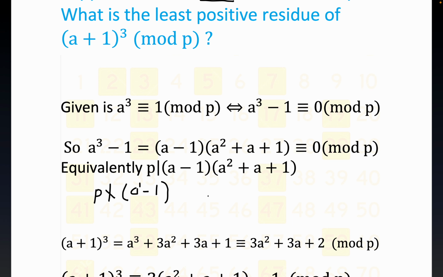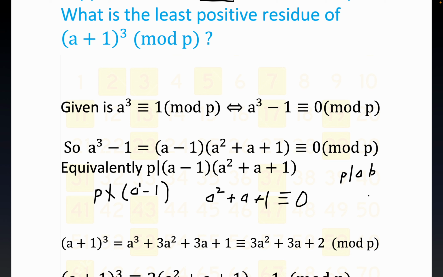but that's the very same thing as saying that a squared plus a plus 1 is congruent to 0, and of course it's mod p. I'll leave that out. It's congruent to 0. And again, folks, this is the very well-known result that if p divides a product, that means p must divide one or the other of the factors.